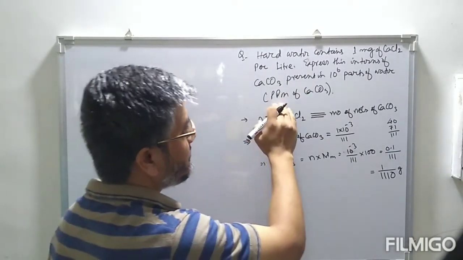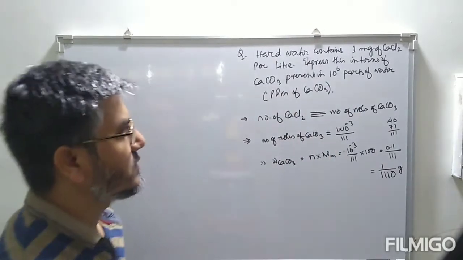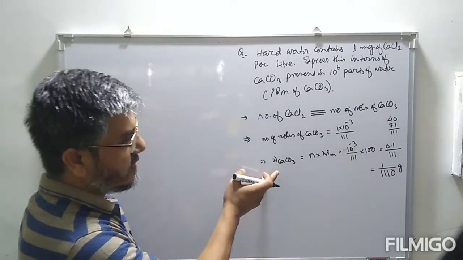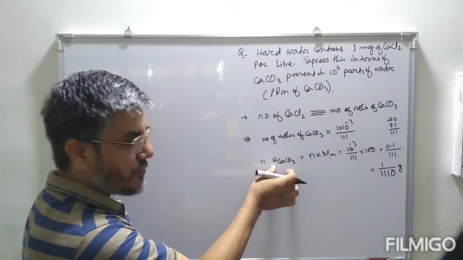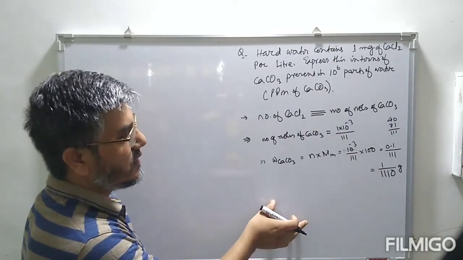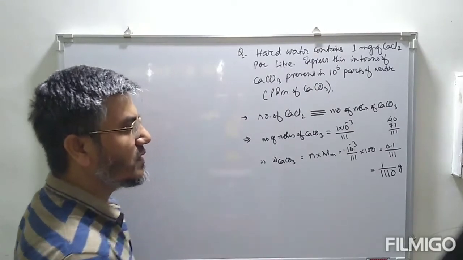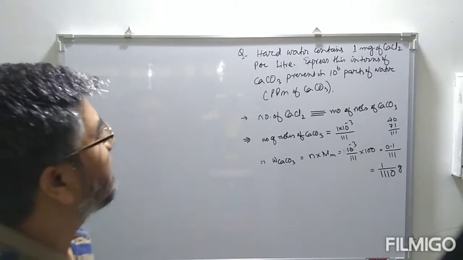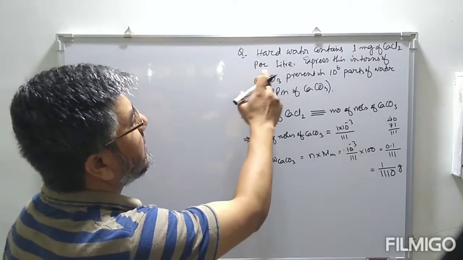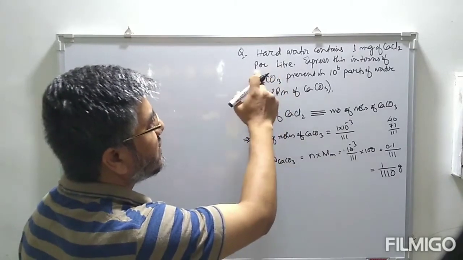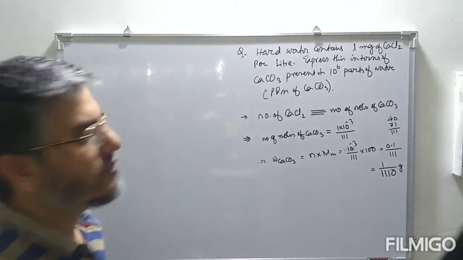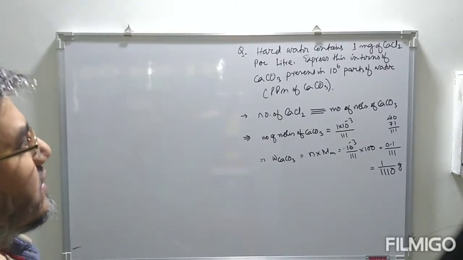So we define parts per million as mass of solute divided by mass of solution into 10 to the power 6. Total volume is 1 liter.